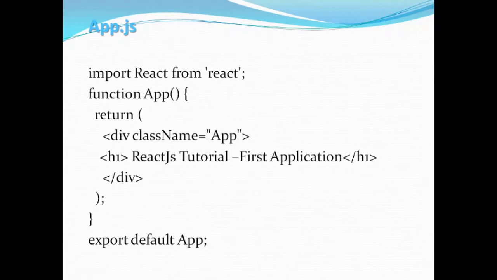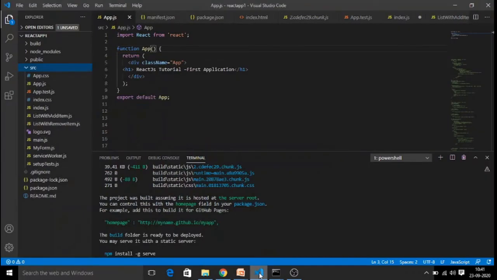So where do we find this file in our application? If you can see, this is our app.js, where we are trying to display a message: welcome to React.js tutorial first application. Okay, so this is how you can render your very first component.